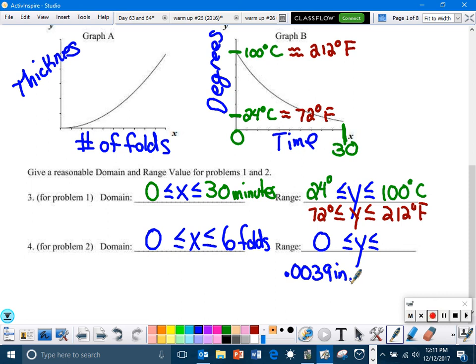All right, and when you fold it in half and in half and in half, when you get to about 6 folds, it's only about a half inch thick. Okay, try it sometime. See how many times you can fold it, and then look at how thick that is. All right, moving on.